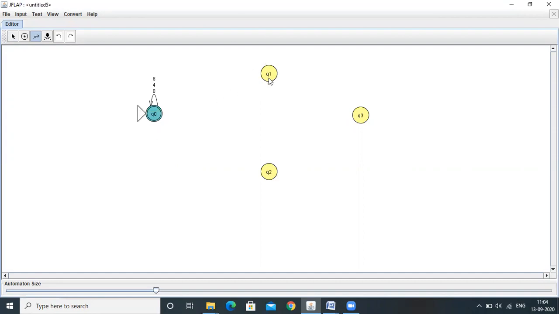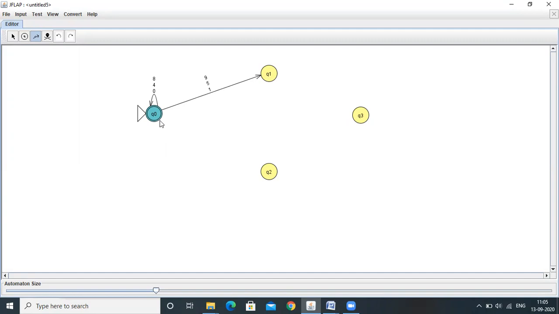What are the numbers with remainder 1? 1 modulo 4, remainder is 1. 5 modulo 4, remainder 1. 9 modulo 4, remainder is 1.